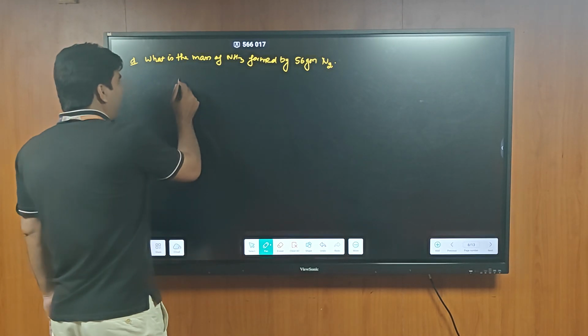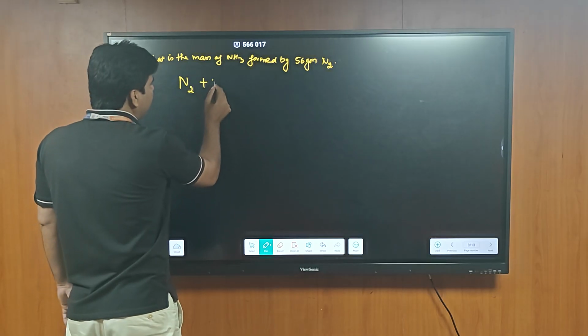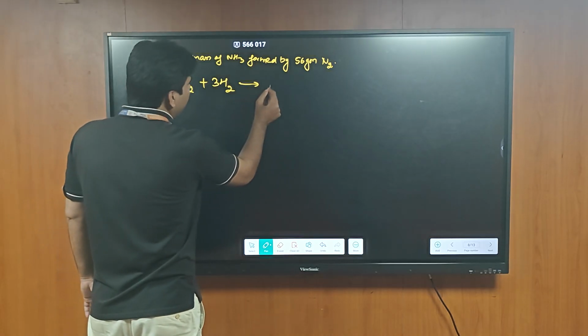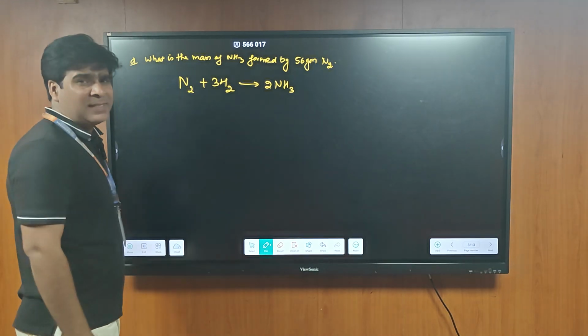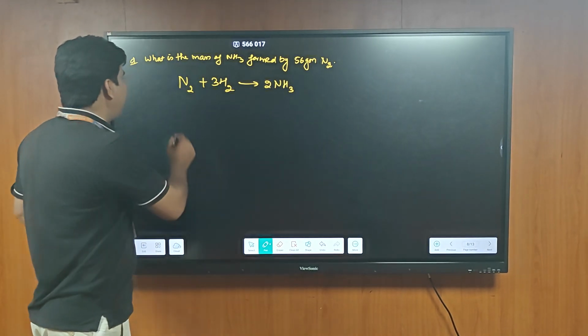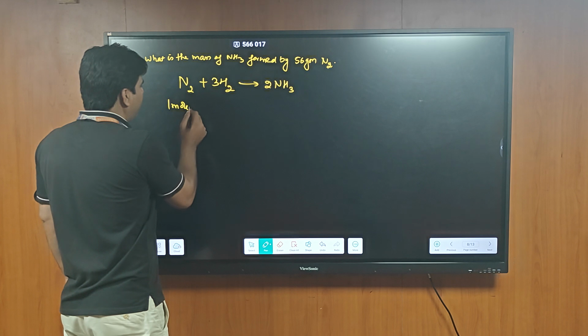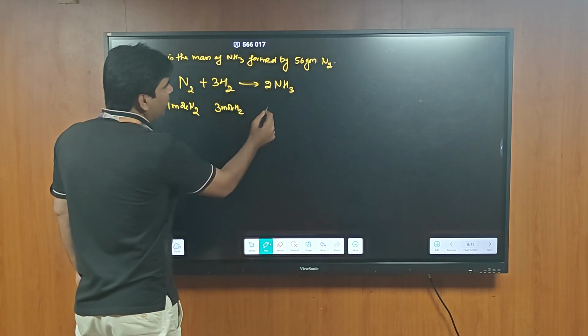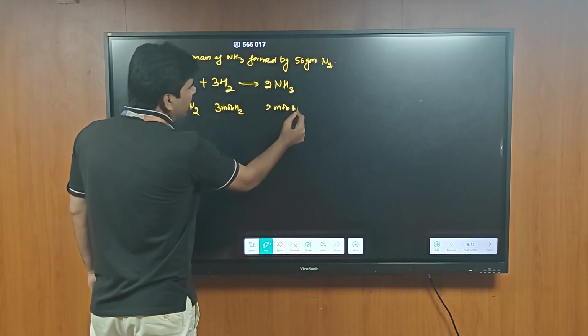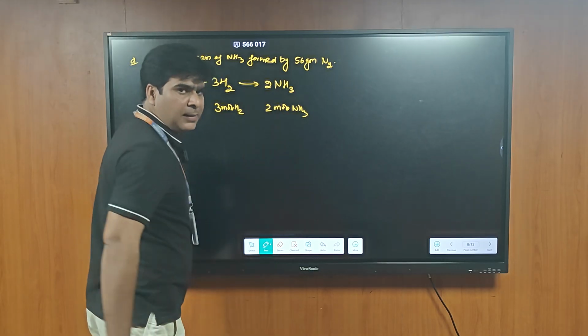And what is the equation for this reaction? It is N2 plus 3H2 is giving 2NH3. What is this reaction saying to us? That 1 mole of N2 is reacting with 3 mole of H2 and 2 mole of ammonia is formed, right?